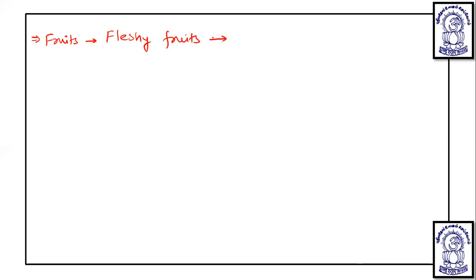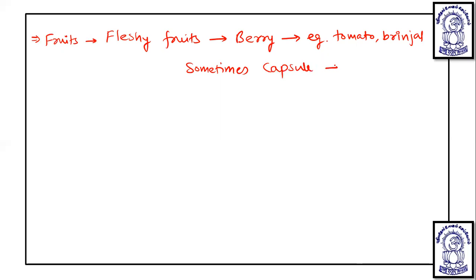The type of fleshy fruit that is berry is found in tomato and brinjal. And sometimes you will see capsule type of fruit in the case of datura.